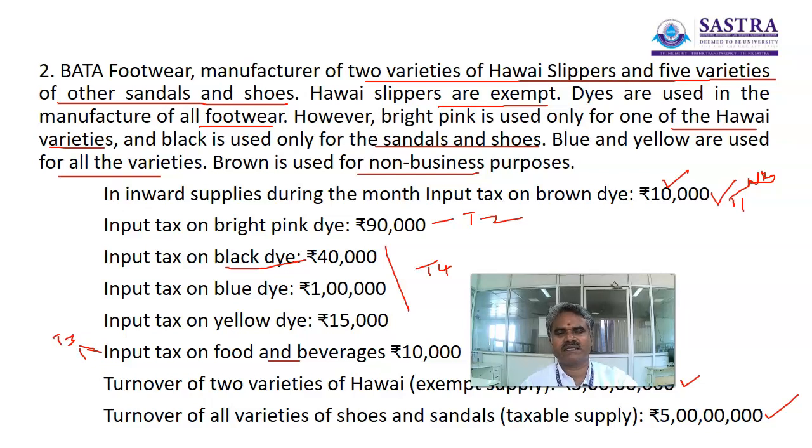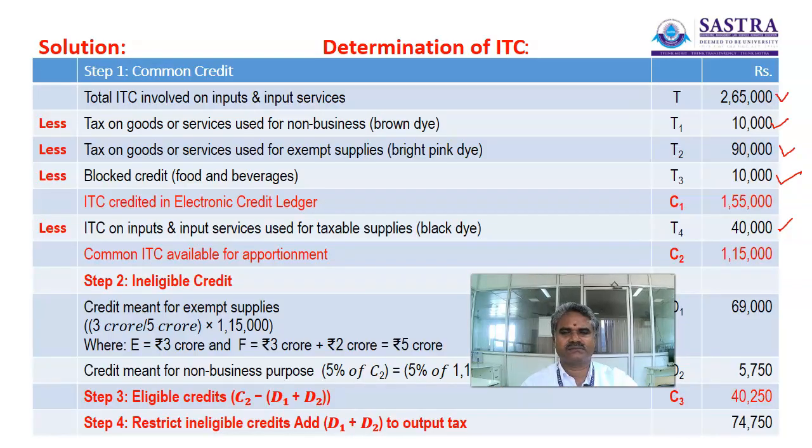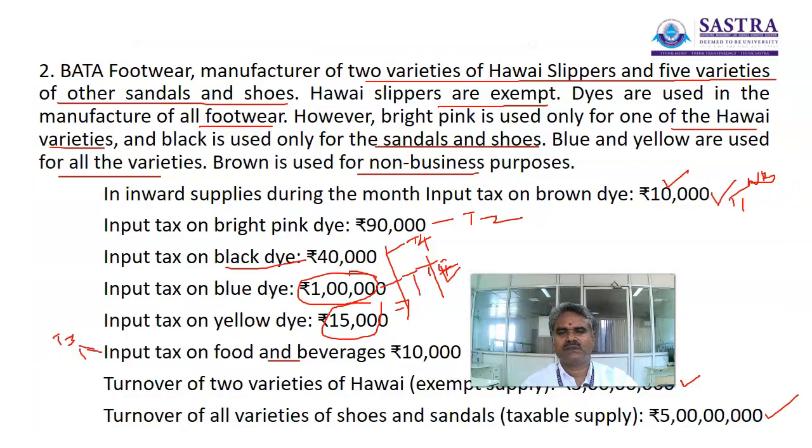All the varieties means here it includes both the taxable as well as exempt. So this is T4. This is also like that. So they should be for apportioned credit. You see, so apportion 150. 1,01,000. Okay.